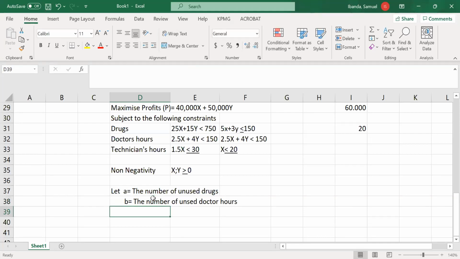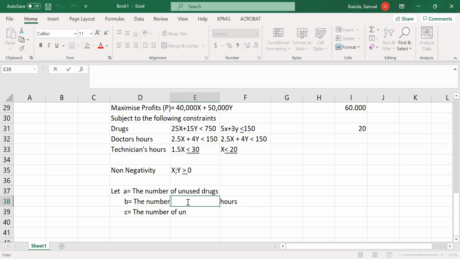And the next one we have is the technician hours. So we shall say, let C be equal to the number of unused technician hours.